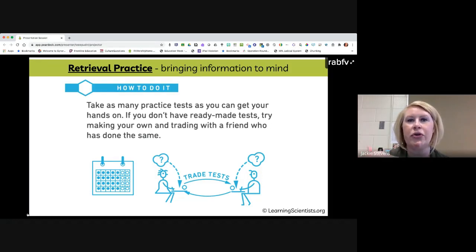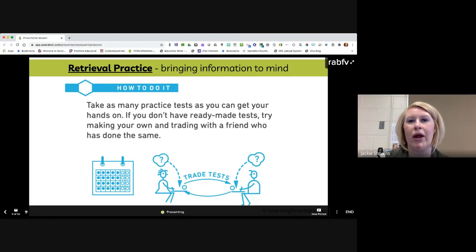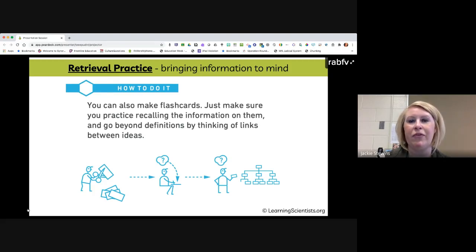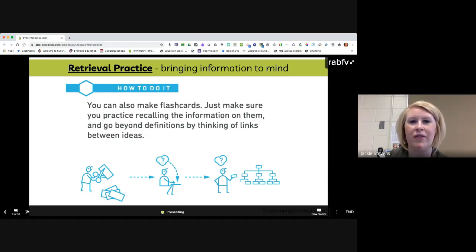Low stakes or no stakes quizzes, where they come to class and you present them with a pop quiz that is not graded and is not going to hurt their grade in any significant way, help them try to retrieve from their memory the information they already have in there. You could make flashcards and just make sure that they're actually pulling the information from their brain before flipping them over. That can be one of the important strategies.